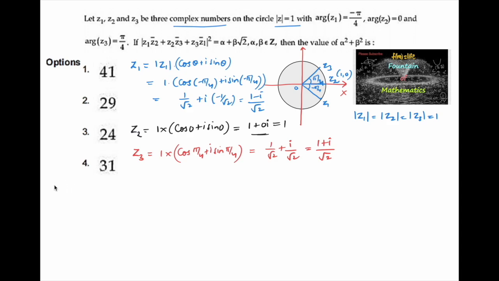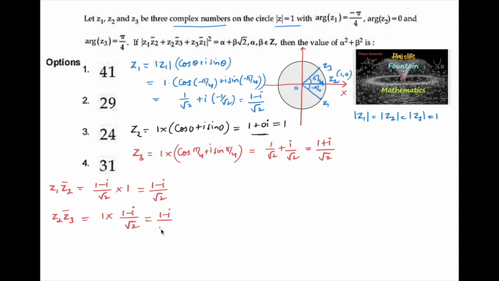Now let's consider Z1 Z2 bar. Z1 is 1 minus I divided by root 2, and Z2 is 1, a real number, so its conjugate is the same number. So Z1 Z2 bar is 1 minus I divided by root 2. And Z2 Z3 bar: Z2 is 1 and Z3 is 1 plus I by root 2, whose conjugate is 1 minus I divided by root 2.